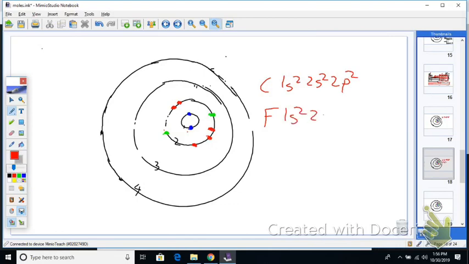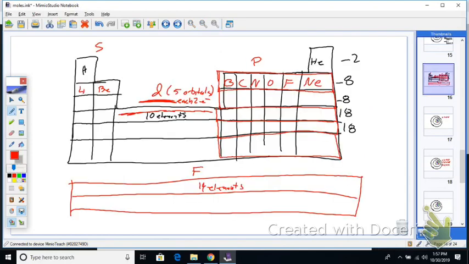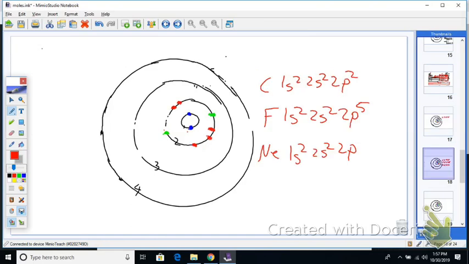We've got 2s2, which is the yellow. And then we've got 2p5. And then when we do neon, neon's 1s2, 2s2, 2p, and you're at the end of the p's. So right here's where we're at. We're into the p's, they're done after that one. So that'd be 2p6.